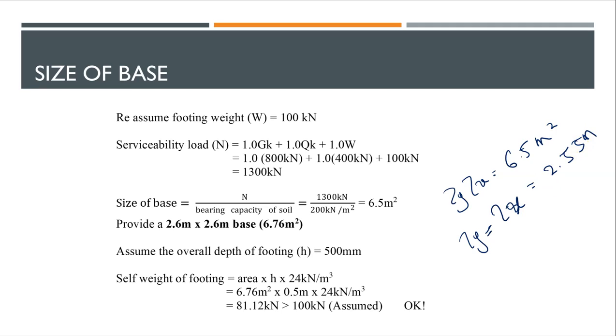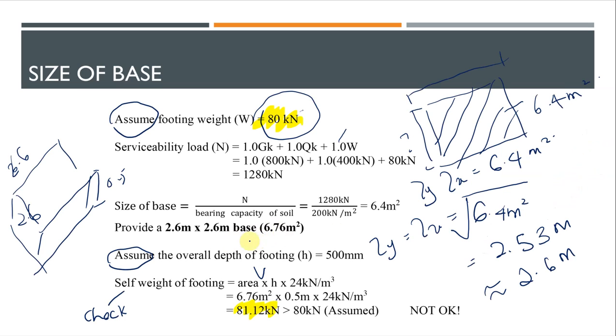Okay, so I round it up to 2.6 meter. Actually sama je kat sini. Dia tak berubah sangat pun, but you still have to kira because sebenarnya dia tak berubah banyak sebab you ada round up kat sini kan.